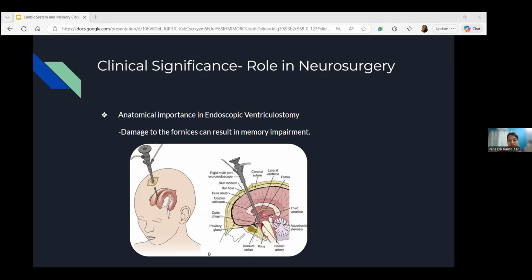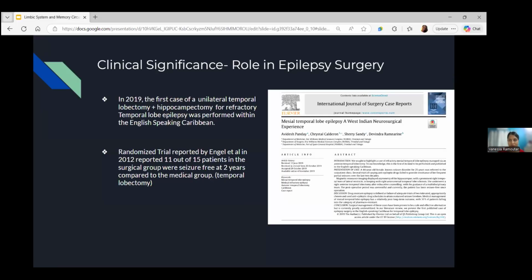Here we can see us entering the foramen of Monroe and above, you can see the fornix noted. Okay, so I'll be showing the video at the end.